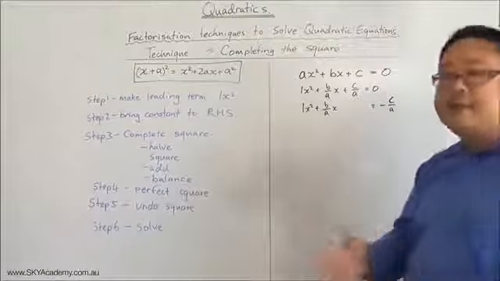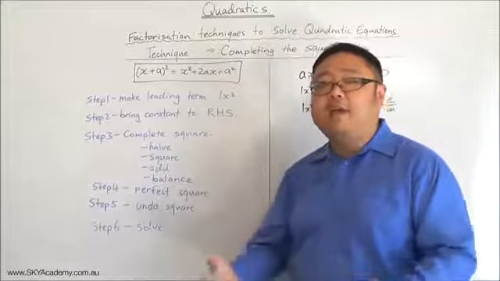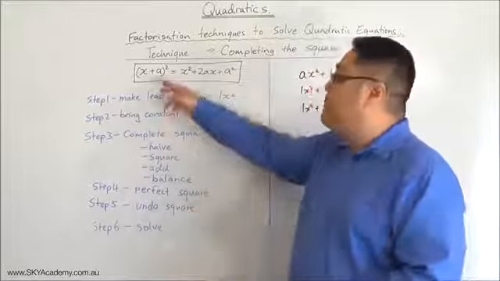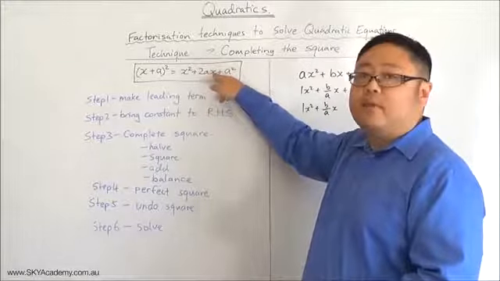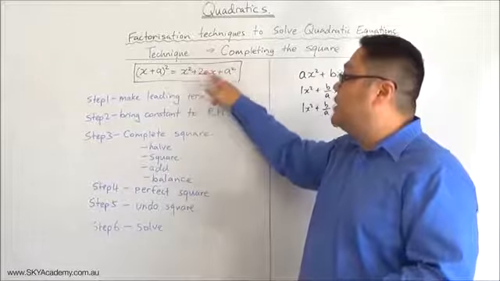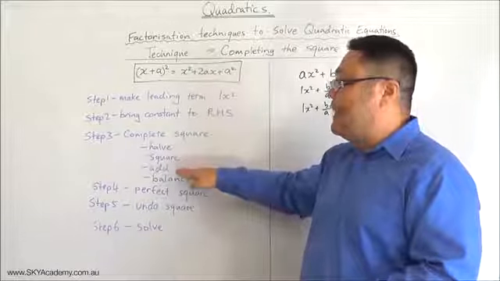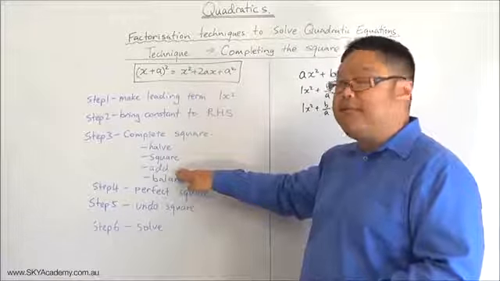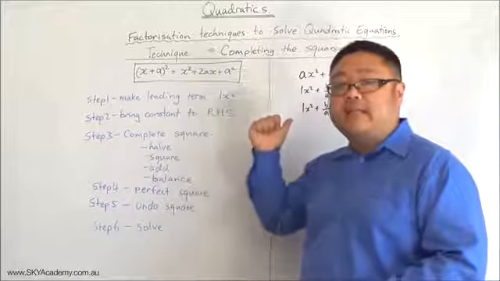Alright, the next thing we have to do is complete the square. Alright, how do we complete the square? If you remember from a perfect square, you take the x term, not the x squared term or the constant term, you take the x term and then you halve, square and add it to the left hand side, and you've got to balance it up on the right hand side by adding the same thing.